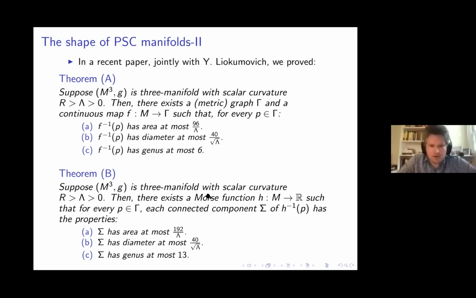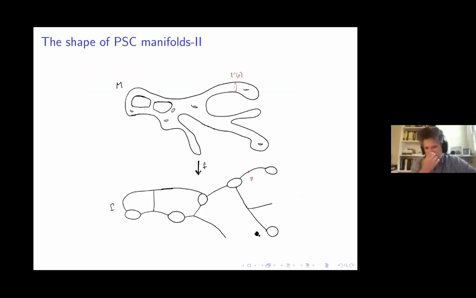Okay, so the picture is something like this, right? You give me the manifold, I find this graph. It can look strange, but we have this control. The fibers are controlled.